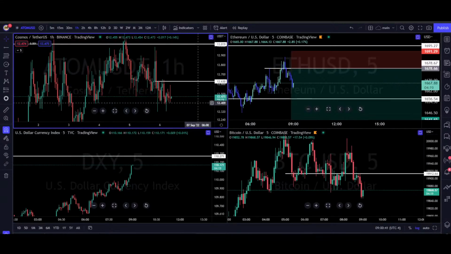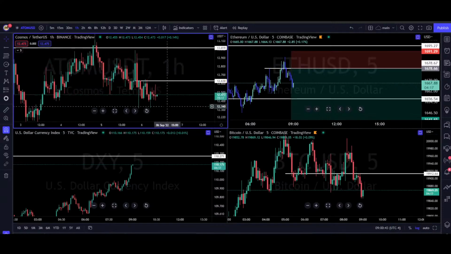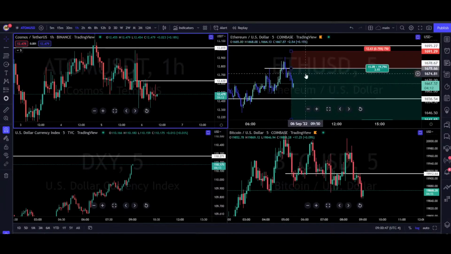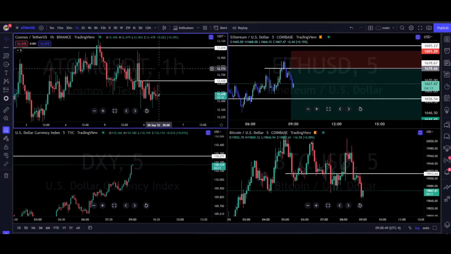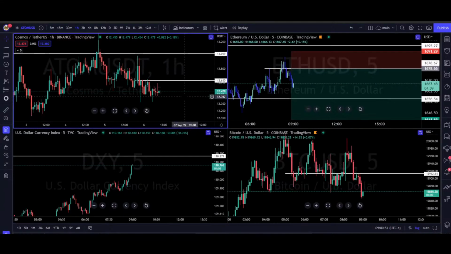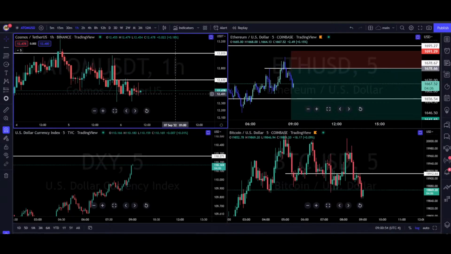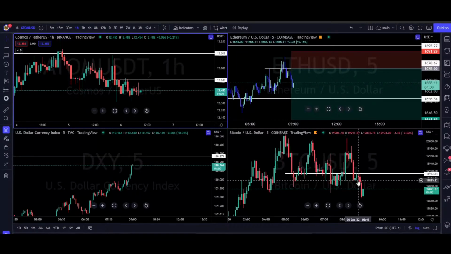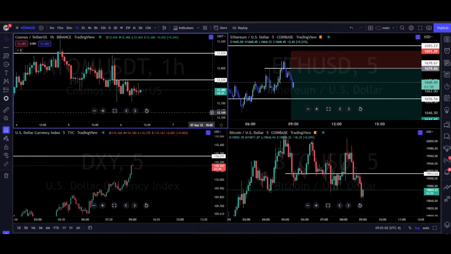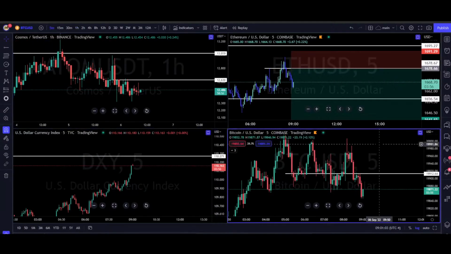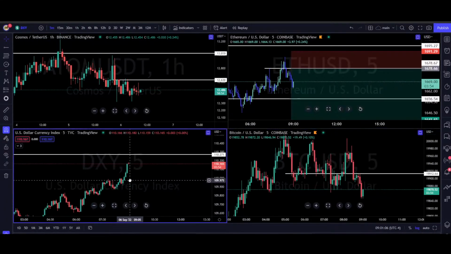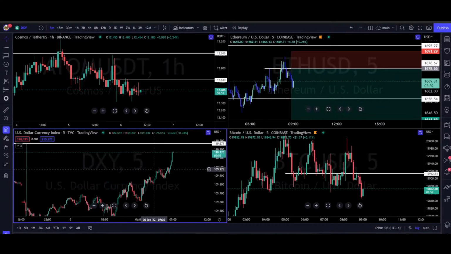You're getting short around the lows of the day. I would much rather be getting short on an asset around the high of the day if I was expecting downside continuation. Traps exist. This could definitely be a trap to the downside. It doesn't look likely.